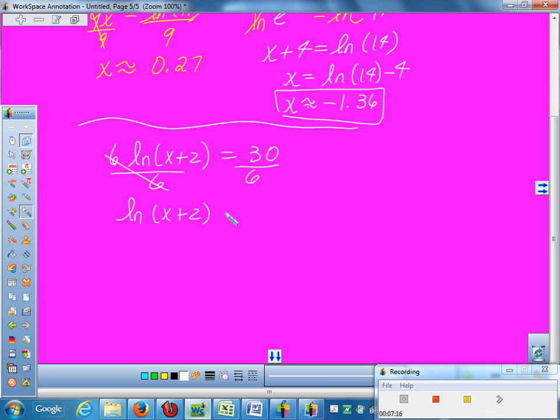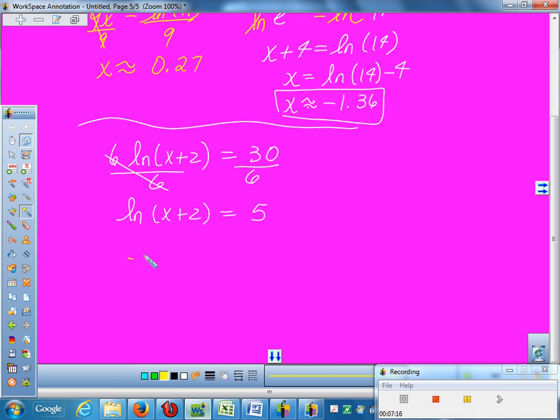Then you can say, okay, if I have a natural log of x plus 2 equals 5, then I need to get rid of that natural log. And this is going to look strange to you, but it's legal as long as you do it to both sides. I know an e will take out that natural log. Well, I can't put the e inside the natural log.